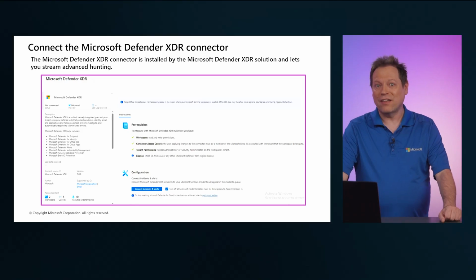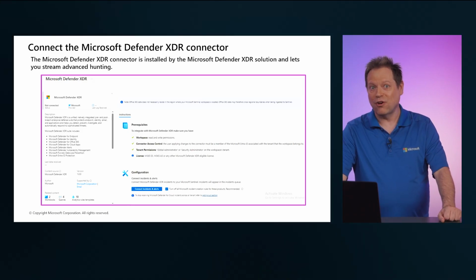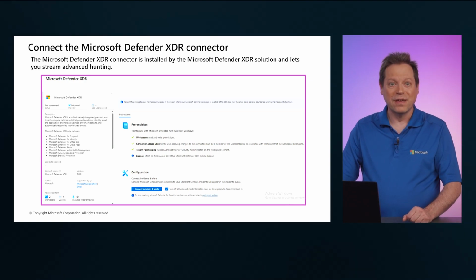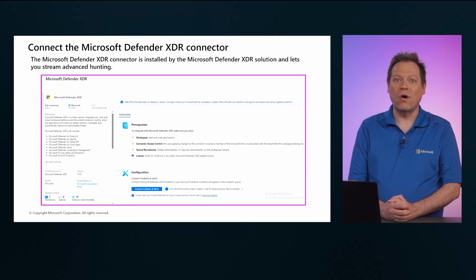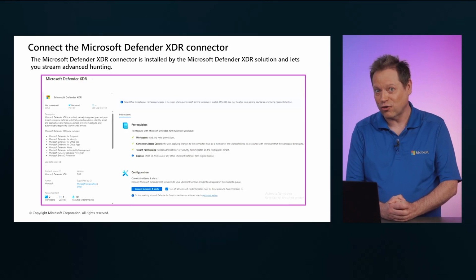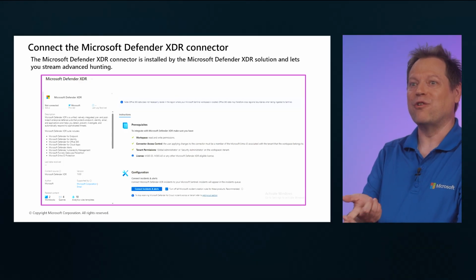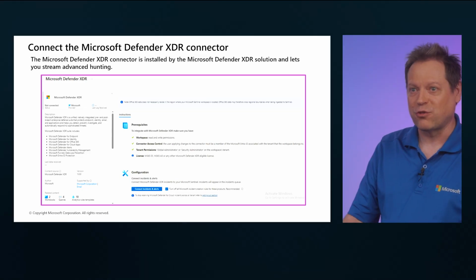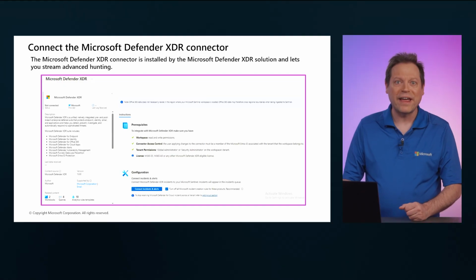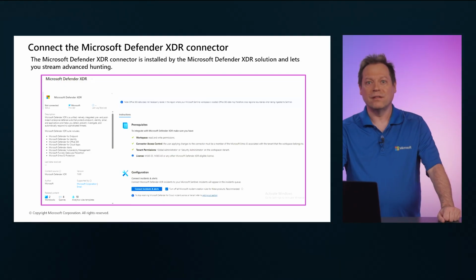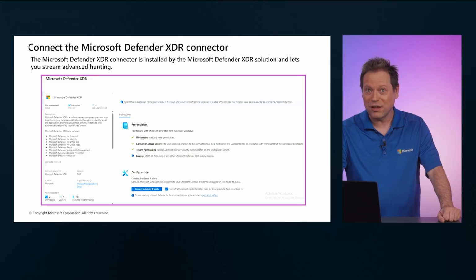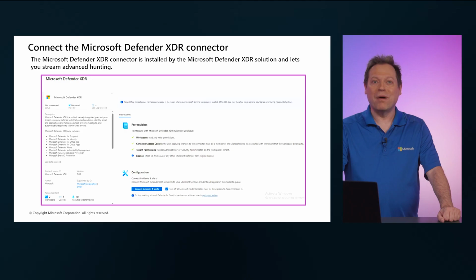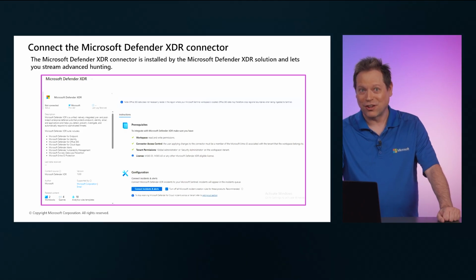Let's take a look at what the Microsoft Defender XDR connector provides. It's installed as part of the Microsoft Defender XDR solution and lets you stream advanced hunting data. It's also helpful to remember what's included in the Defender XDR suite: Microsoft Defender for Endpoint, Defender for Identity, Defender for Office 365, Defender for Cloud Apps, Defender Alerts, Defender Vulnerability Management, Microsoft Purview Data Loss Prevention, and Microsoft Entra ID Protection.